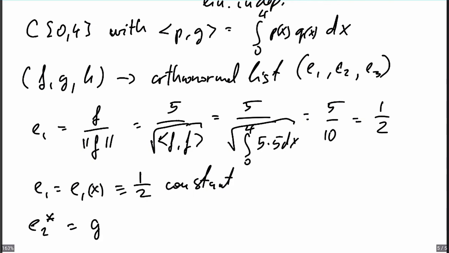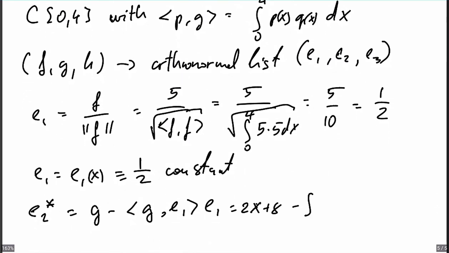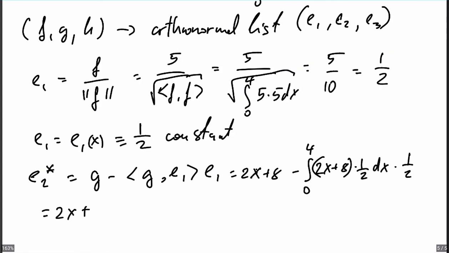So E2 star, the unnormalized version, is g, the second vector in the function space, minus the inner product of g with E1 times E1. So this will be 2x plus 8 minus the inner product, which is the integral from 0 to 4 of 2x plus 8 times E1, which was 1/2, and then times 1/2. We can factor out 1/2 and simplify by 2 to get the integral from 0 to 4 of x plus 4 dx.